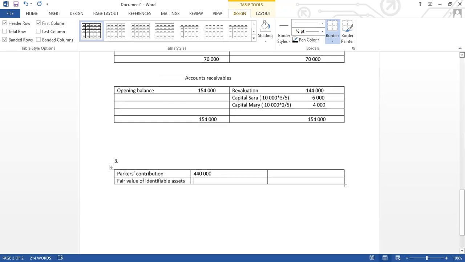So let's calculate our fair value quickly. How much will you get? So what kind of assets do we have there?